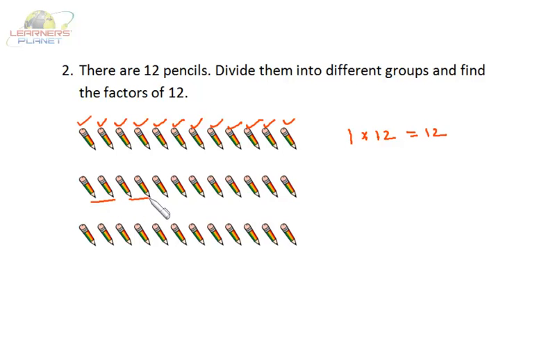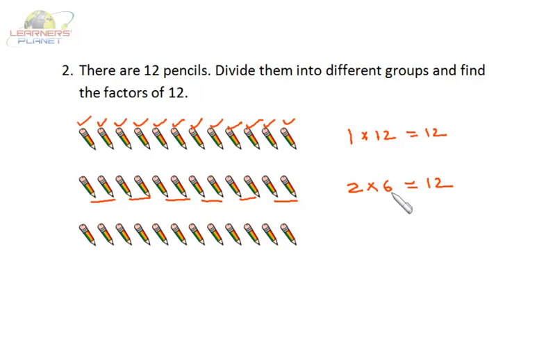Now let's try with 2. First kid, second kid, third kid, fourth kid, fifth kid and sixth kid. That means I can distribute 2 pencils to six kids equally. Okay, that means 2 pencils for 6 kids.